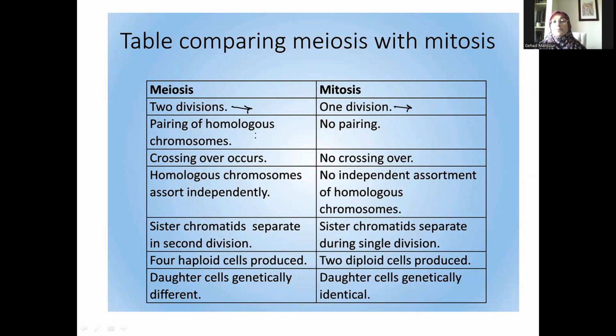In meiosis, we have pairing of the homologous chromosomes that is called synapsis, and that allows the presence of crossing over, and crossing over is one cause of diversity or variation between the gametes, and if there is variation in the gametes, then there will definitely be variation in the organisms that are made out of these gametes. Whereas in case of mitosis, there is no synapsis, there is no crossing over.